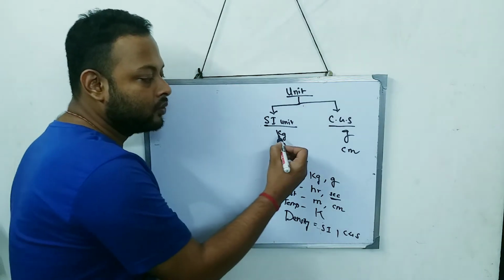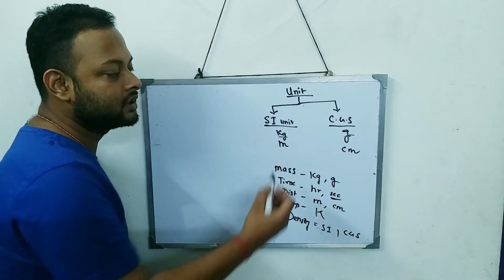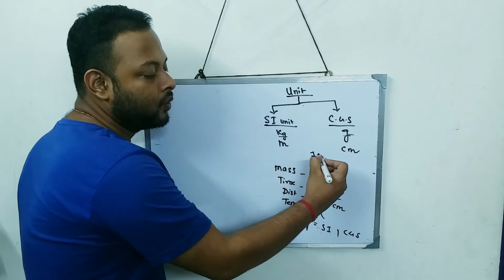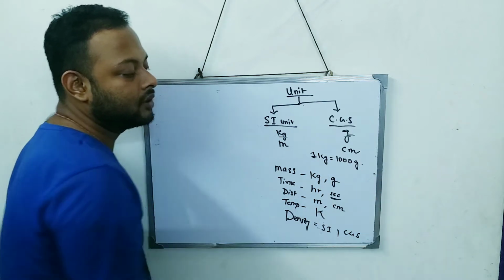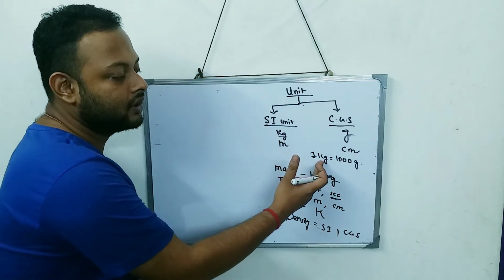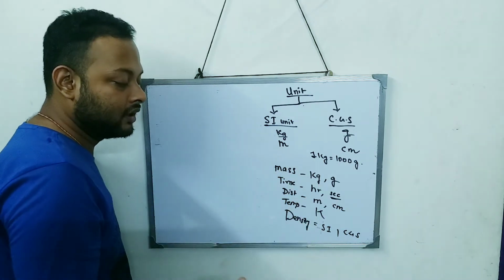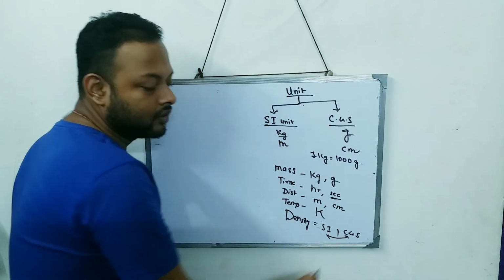Like, what is the relationship between kg and gram? 1 kg is equal to 1000 gram. This is the relationship between SI unit and CGS unit. Like that only we will develop a relationship between both of them.